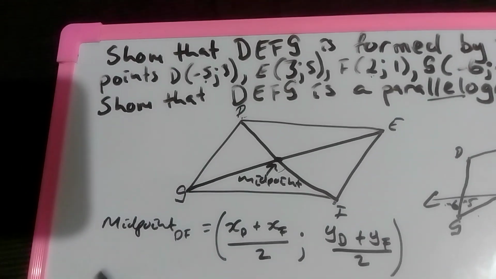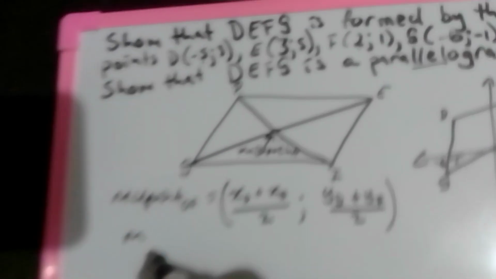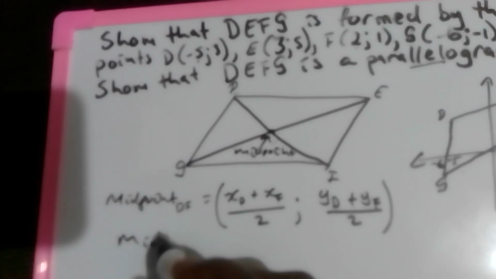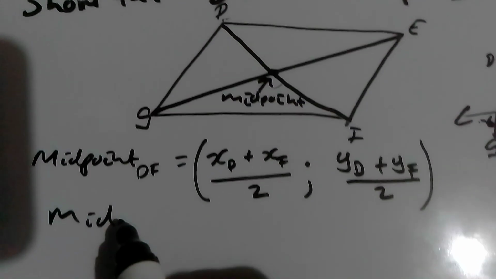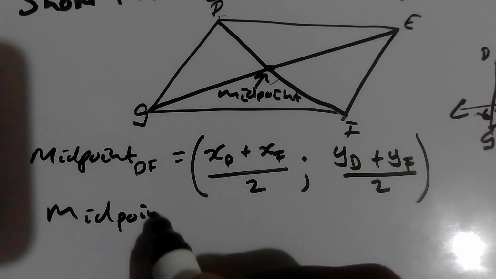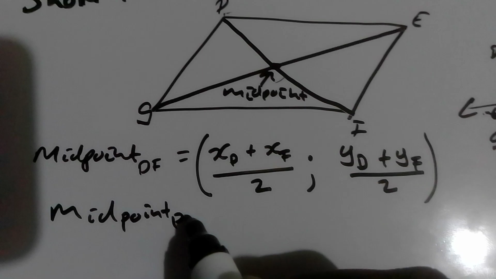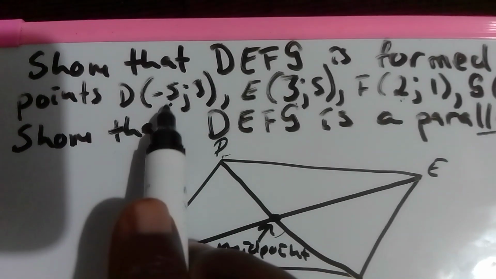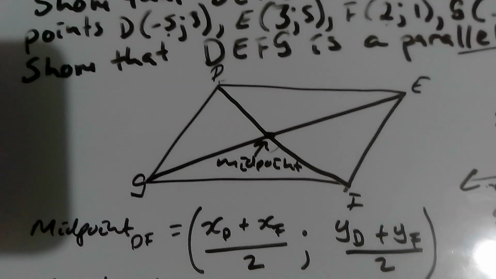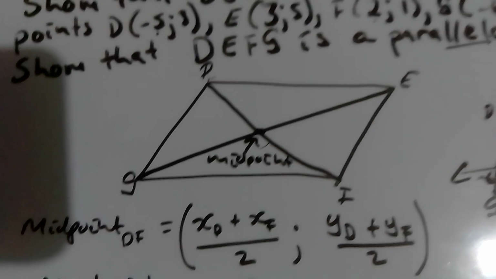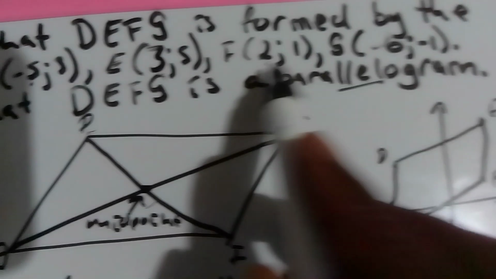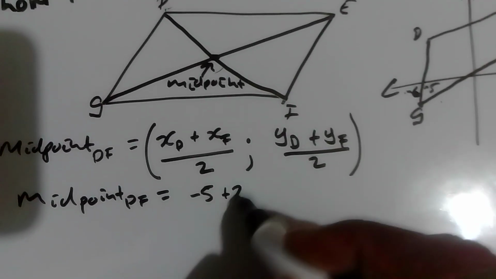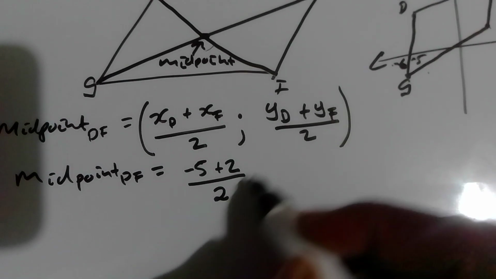So I write again midpoint DF. Now this time around I'm going to put the coordinates. What is my x-coordinate for D? It's -5. So we say -5 plus my x-coordinate for F, 2, all divided by 2.